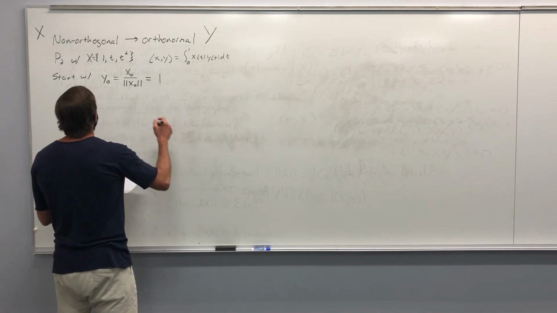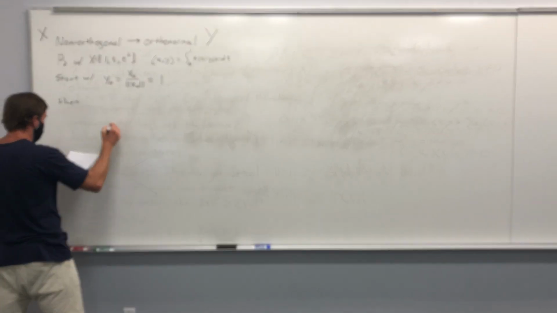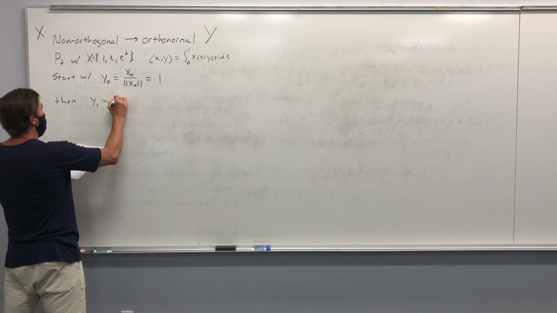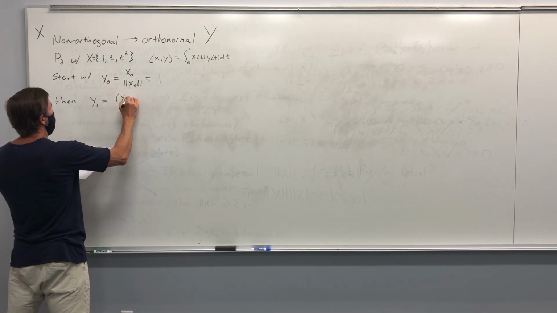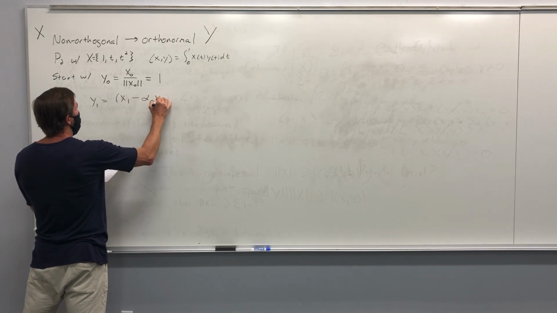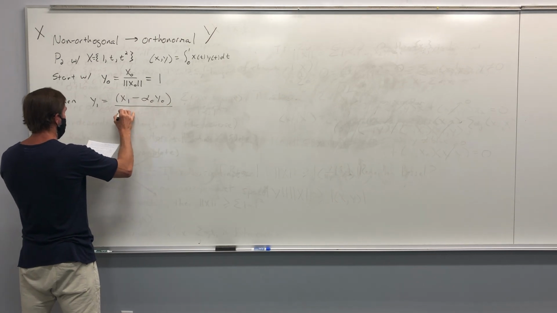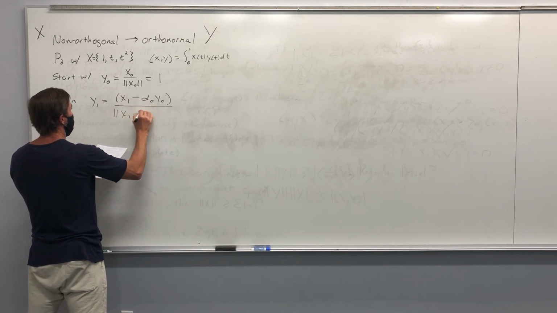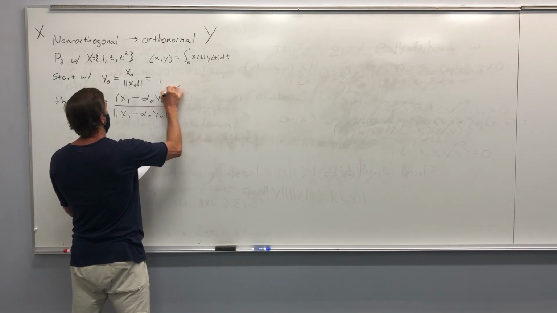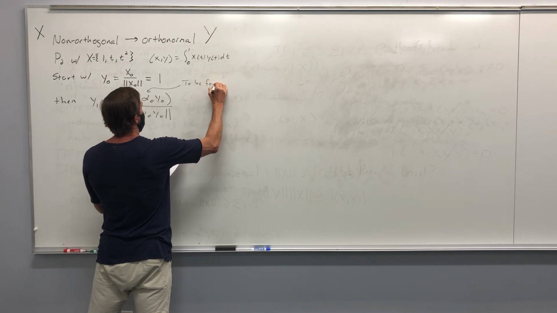Now then what we can do is we can say, okay, y1 is going to be x1 minus alpha 0, y0 over the magnitude of this, where the alpha 0 in here is to be found.